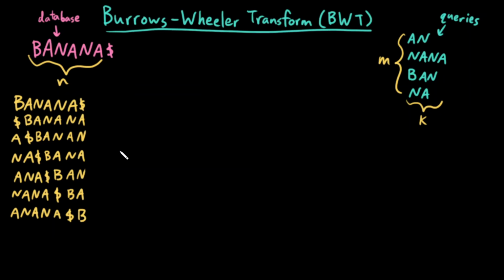And then if I were to rotate again, I would get the original one. So I first generate all rotations of my original string. That is this matrix here.